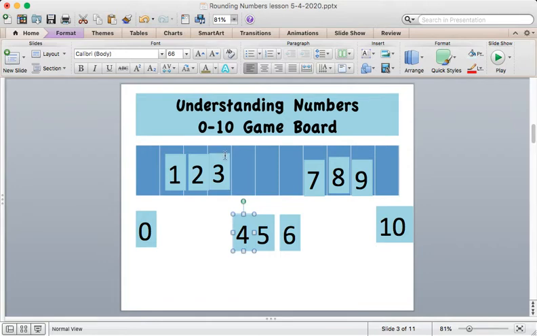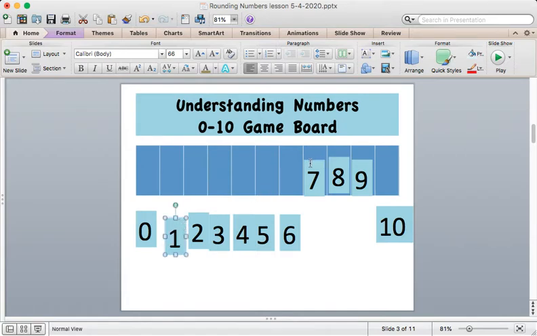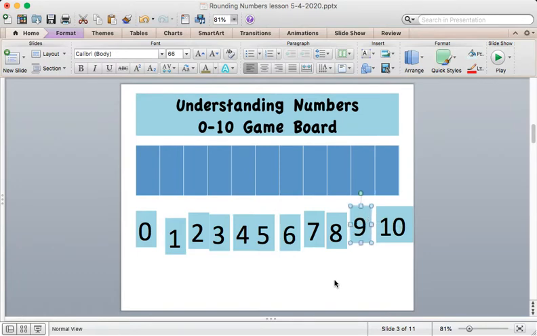We also know, counting backwards, the lower number before 4 is 3, and then again 2, and then 1. Now, the numbers that come after 5 are 6, then 7, then 8, then 9, and then 10.